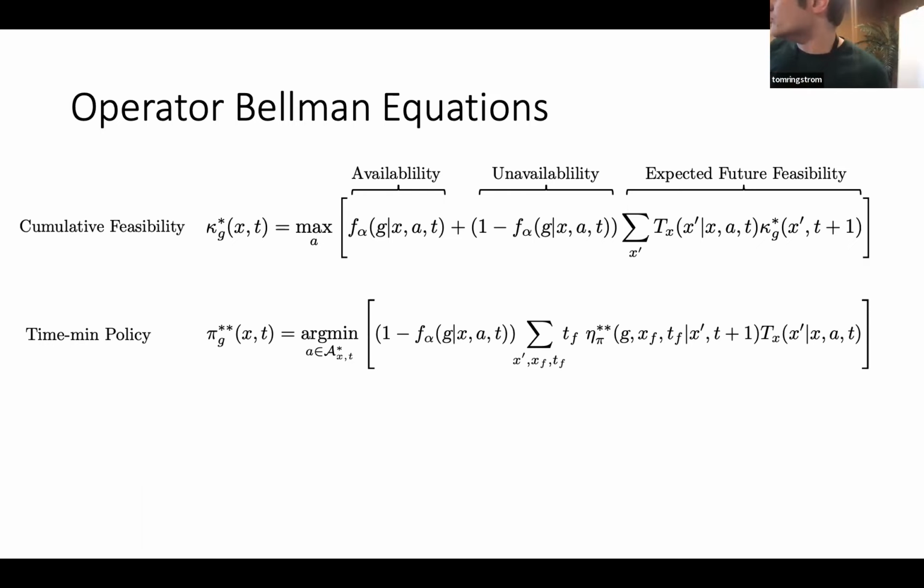So you can choose the actions which minimize the time while maximizing the cumulative feasibility. So this is sort of conditional. A star here is just the set of actions that equivalently maximize the cumulative. So you're just optimizing over this set. This is kind of like a conditional optimization. And this is just the expected goal satisfaction time.